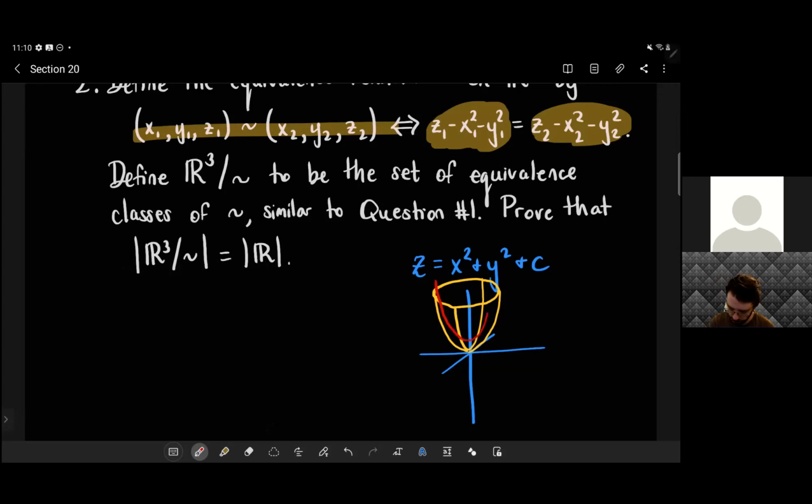So you could have another paraboloid here. It's uglier. There you go. And you could imagine all possible values of C, and you actually partition R3 into a set of infinitely nested cups, I guess you could think of it as. And so that's what we're saying.